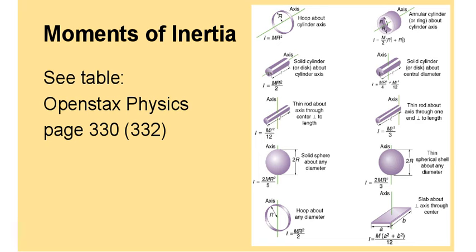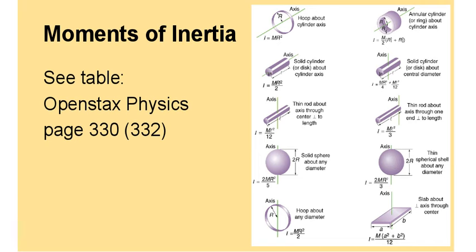If I take a stick right here and rotate it about one end of the stick, I can look up the moment of inertia. If I take the same stick that has mass m and length L, but I rotate it through the center of the stick instead of the end, that changes how far the mass is from my axis of rotation.